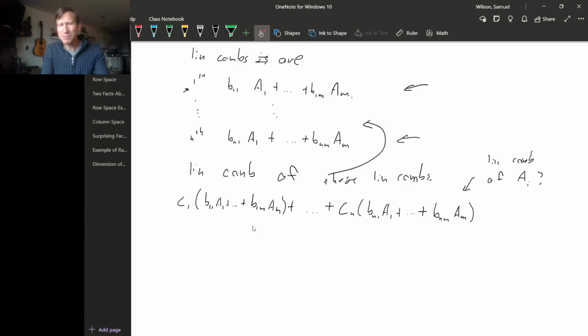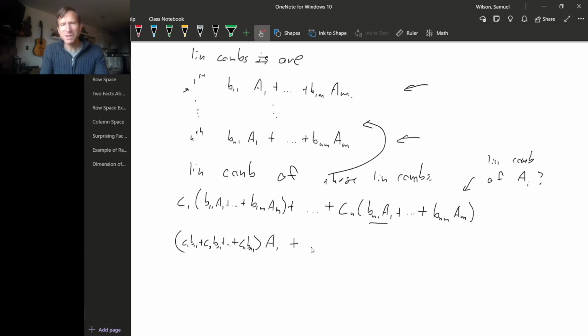Well, just gather up the coefficients on each A, right? So we have a bunch of A1 terms. What do they all look like? Well, there's c1b11, and then in the next term there's another term that has A1 in it. That's going to be c2b21, and so on, down to this last one, which is going to be cnbn1.